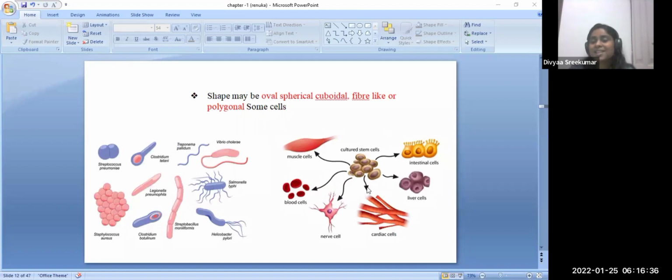So what did you understand today, guys? The cell is the structural and basic functional unit of life. To visualize a cell, you require a tool, the microscope, which magnifies the cell many thousands of times to give you a beautiful view of how the cell is structured and what its functions are.